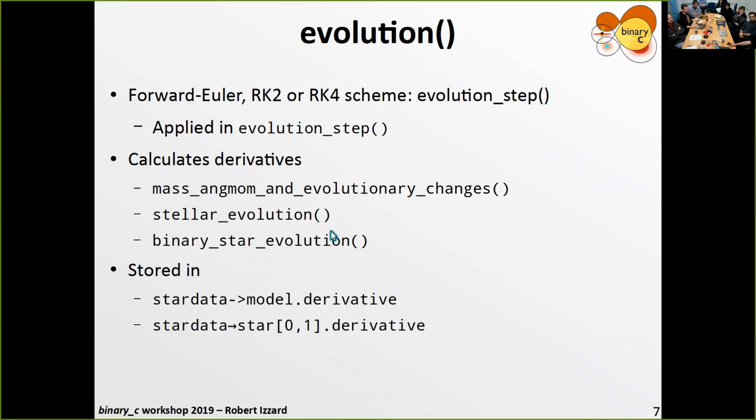There's a binary C derivatives.h file, which I haven't talked about too much. You can define your own derivatives, and it will automatically then update those for you. Each of them has an applied derivatives function which you can use to do that. The derivatives are stored in these arrays, so the model derivative is for things like orbits and stuff like that, and the star derivatives are things that change each star. It's very simple.